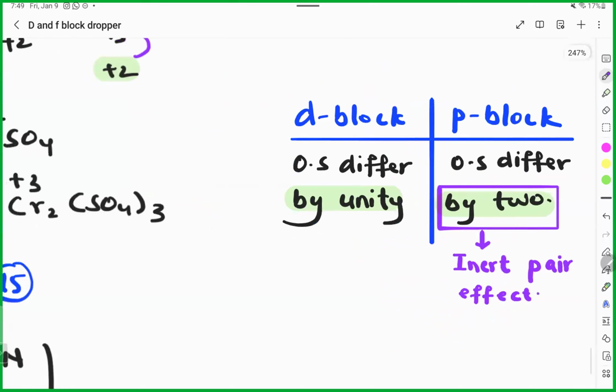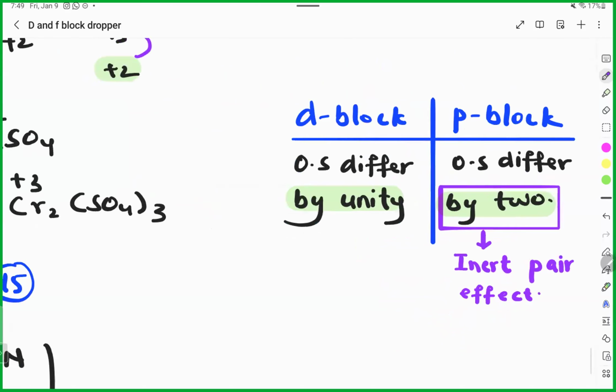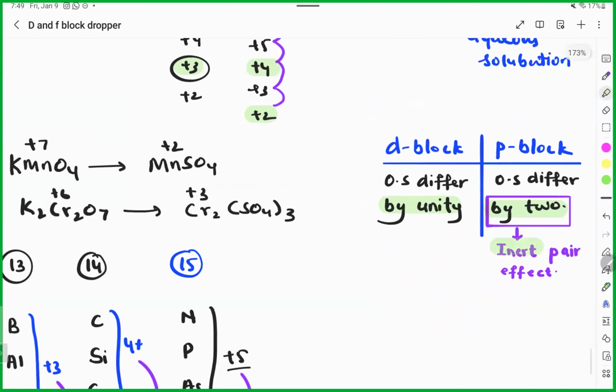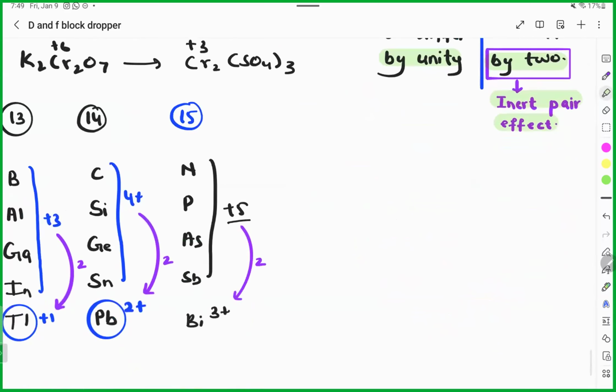Yes, the inert pair effect. One pair becomes inert, not active, not participating in the bonding. That's why you will see a difference of 2, from +5 to +3.